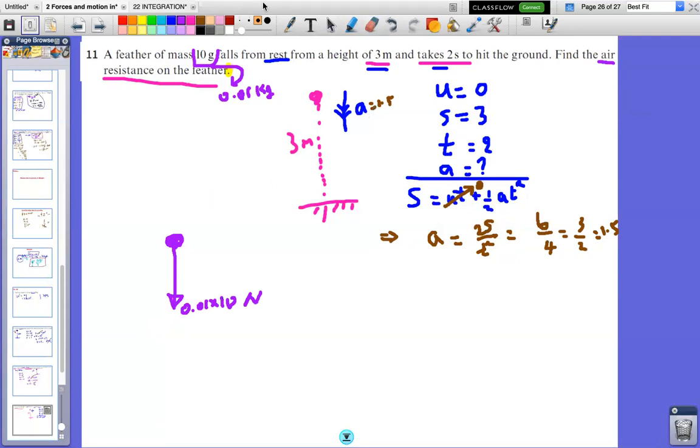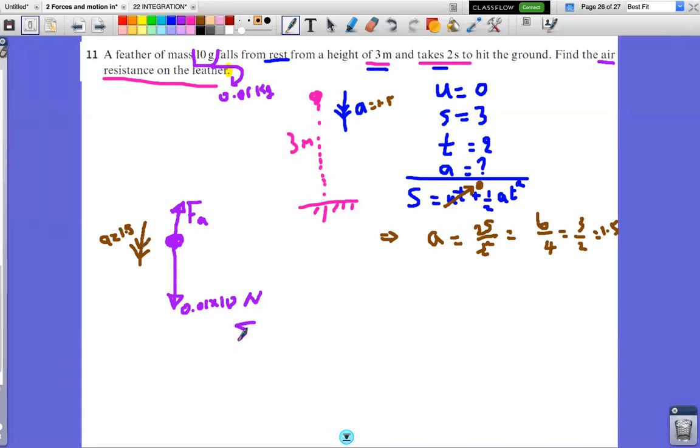And then it has air resistance. Let's just call air resistance Fa. And in addition to that, it has acceleration of 1.5. So we now use Newton's second law: summation F is equal to ma.